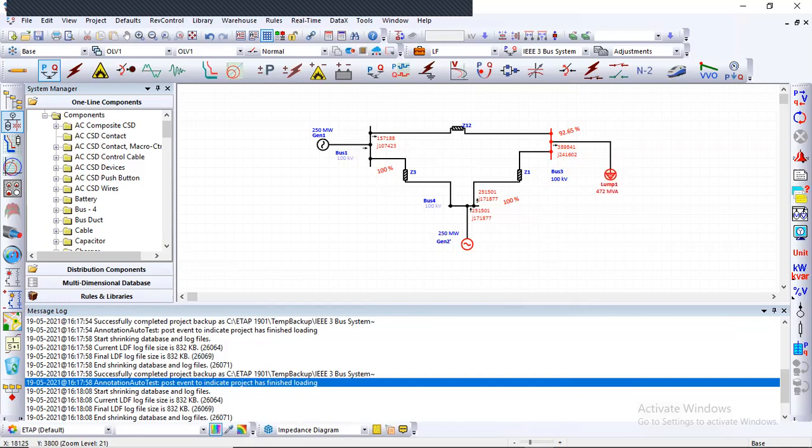So we are very concerned with this impedance rating. This is the impedance rating from the generator, and this is the impedance rating of bus 4. This is bus 1, 3 and bus 2. So this is the way to utilize these things.